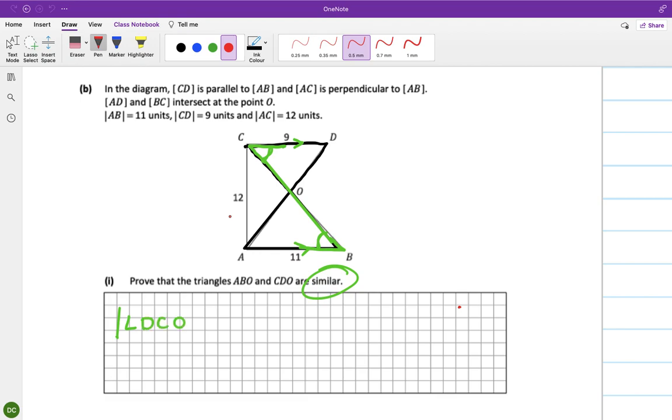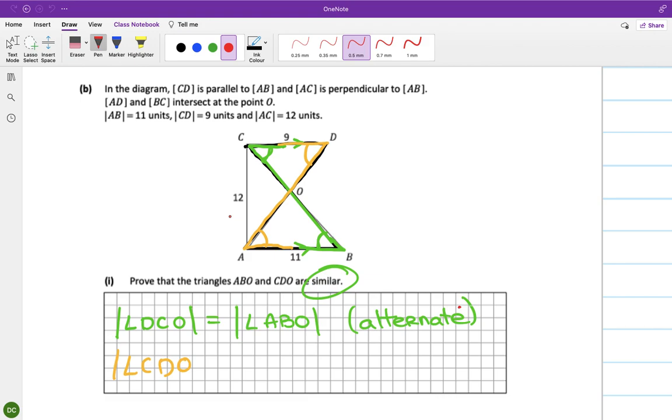We get that with the Z. Then I can go the other way. So angle CDO equals angle BAO because they're alternates. So exactly the same reason, just the other side.